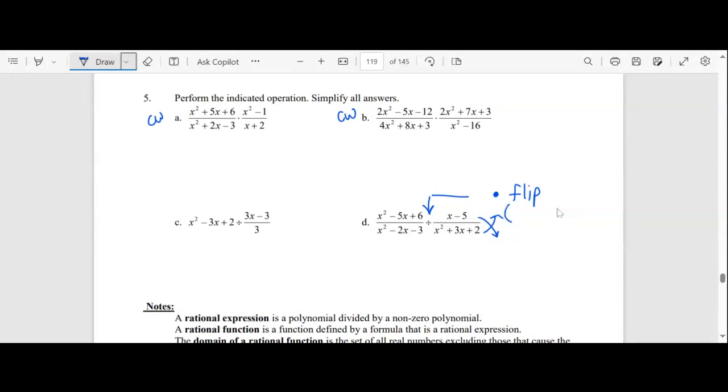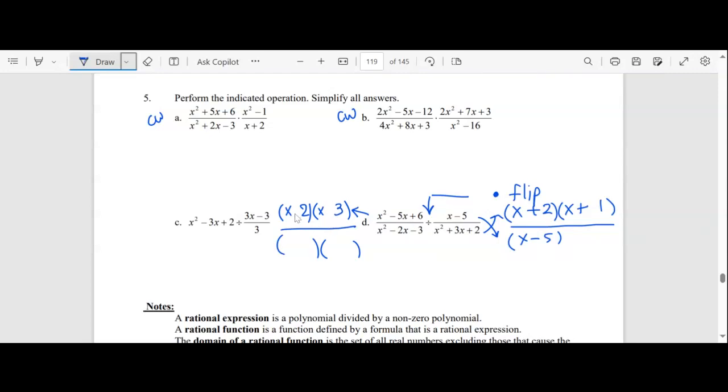But to factor it, can you tell me what's the factor of this? x squared plus 3x plus 2. We're going to say x and x, right? And then it's going to be 2 and 1, plus plus. What about the bottom? x minus 5. What about this problem here? How can I factor this? Who can tell me? So it's going to be x and x, 2 and 3 gives you 6.